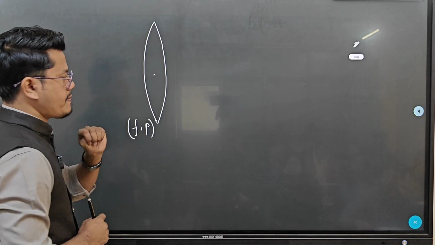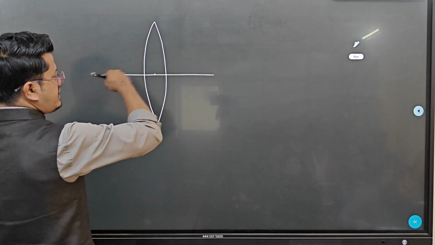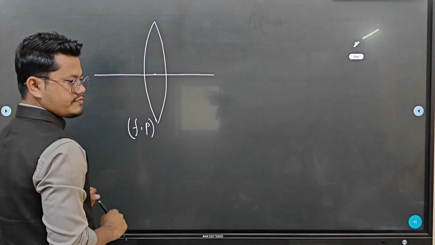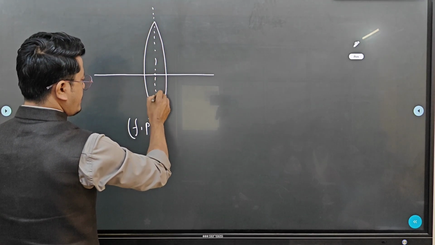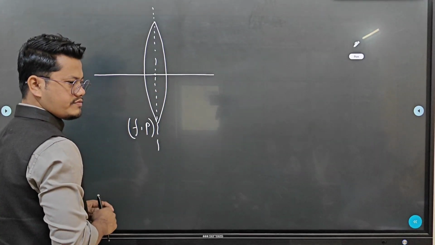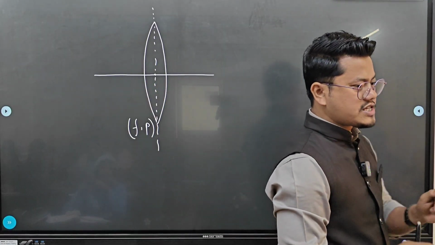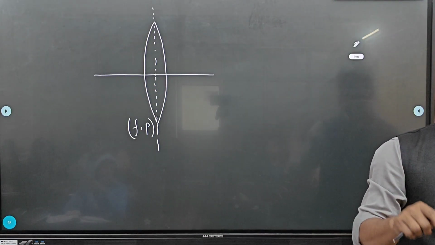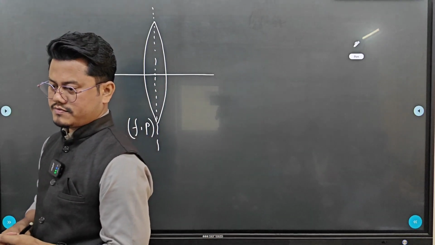I can cut the lens along the principal axis like this, and I will get 2 equal halves. Or I can cut the lens vertically along the optical center in this way, and I will get 2 equal halves. We will check whether, if we cut the lens vertically or horizontally, there is any change in focal length, power and intensity or not.